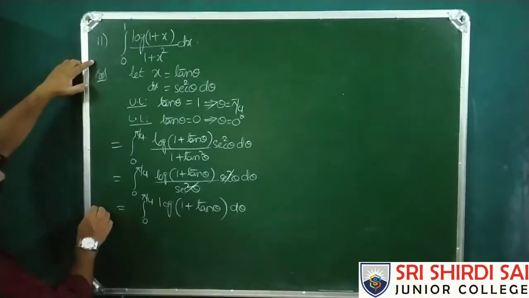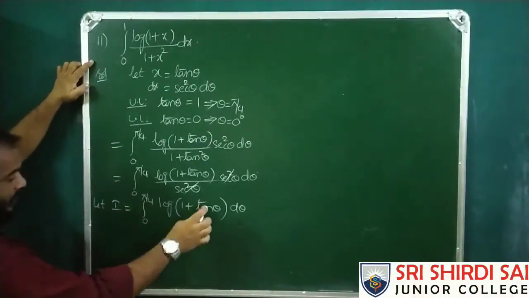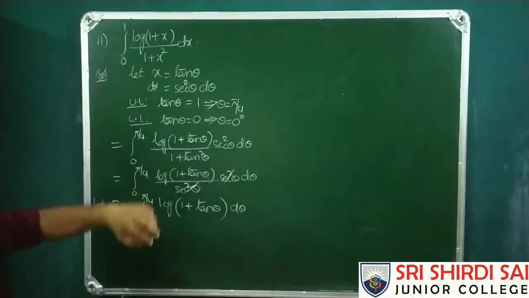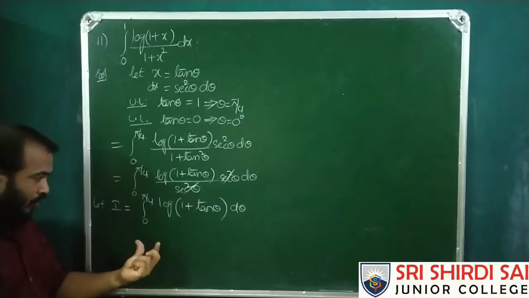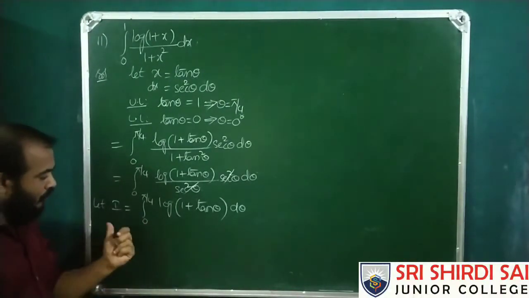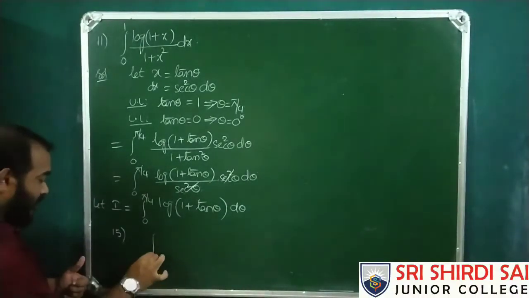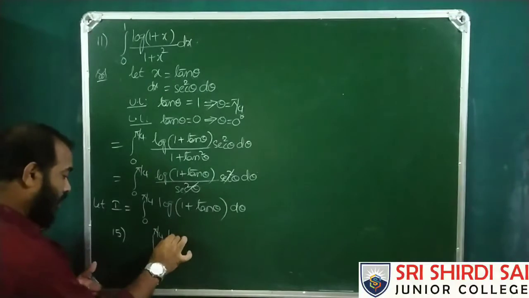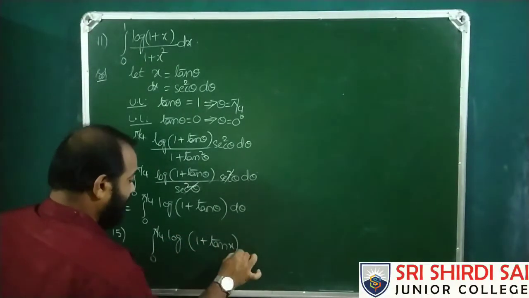Let me take this to be I. I am telling you the 15th question is not going to be discussed, because I am leaving it for you. By all respects the 15th question is integral 0 to pi by 4 log(1 + tan x) dx.